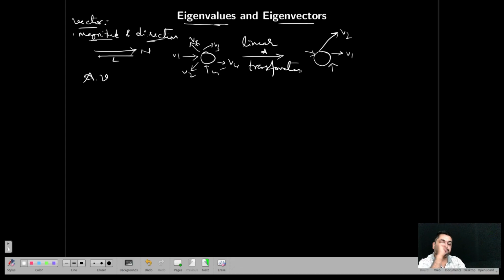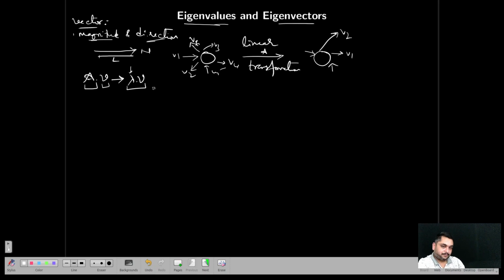So suppose there is something such that if I apply a matrix A on a vector V, I get lambda into V, where lambda is a scalar value and V is my vector.